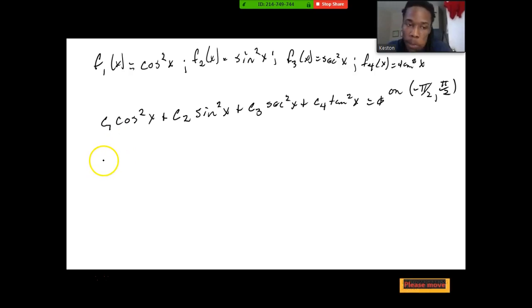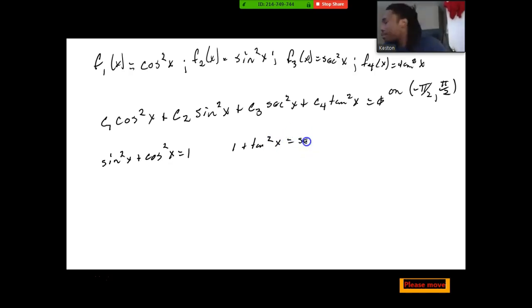You better be able to. Sine squared x plus cosine squared x is equal to 1. Is there something equivalent for secant squared and tangent squared? Anyone remember it? 1 plus tangent squared is equal to secant squared, exactly.